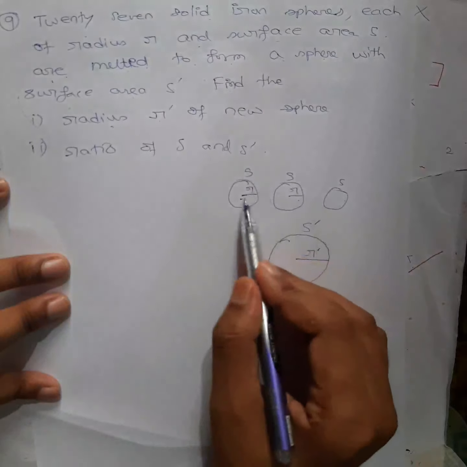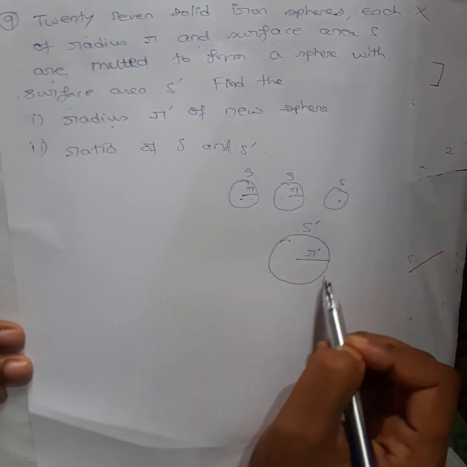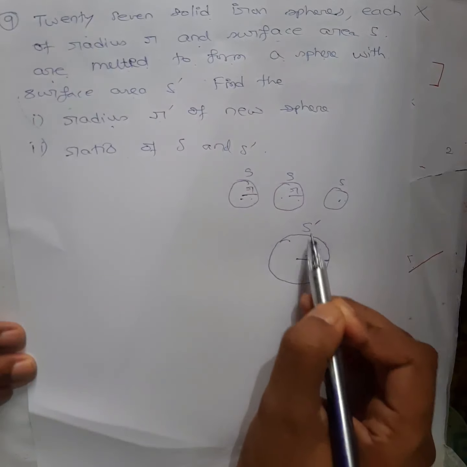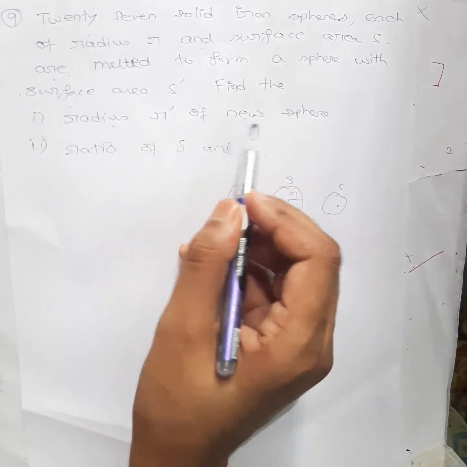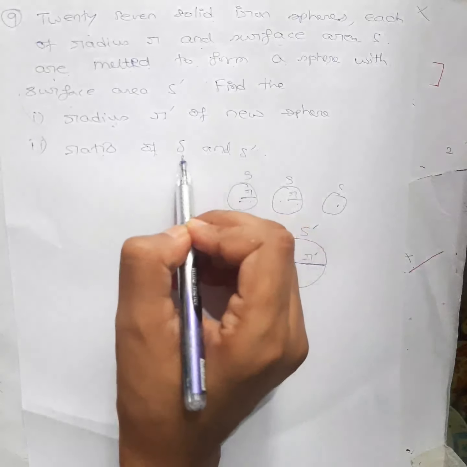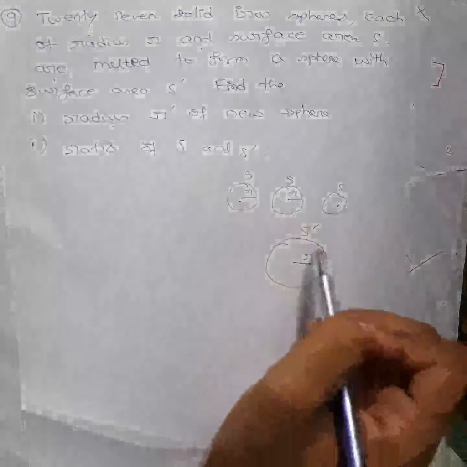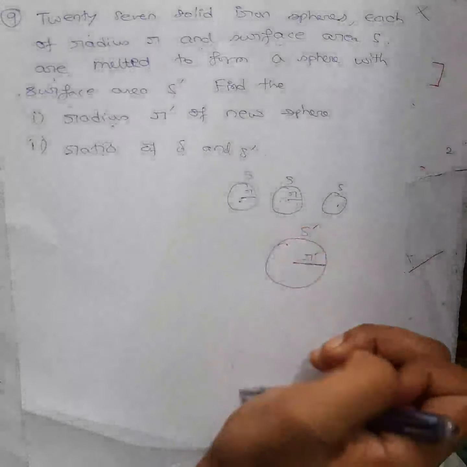The previous 27 iron spheres you have melted and converted into a new big sphere, whose radius will be r dash and surface area is s dash. So they are asking you to find the radius r dash of the new sphere and the ratio of s and s dash. What is s? Surface area of the old sphere, and s dash is the surface area of the new sphere.